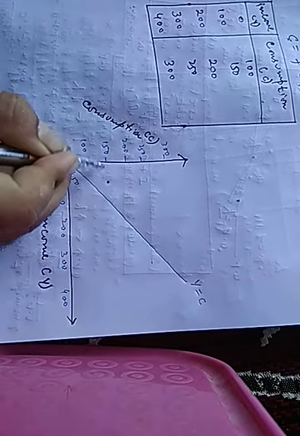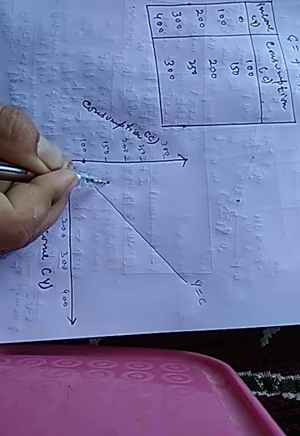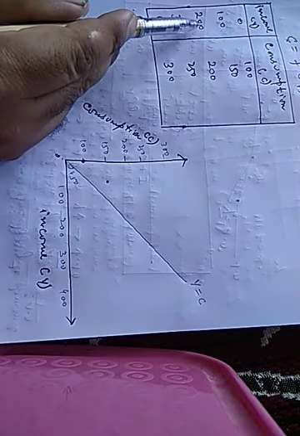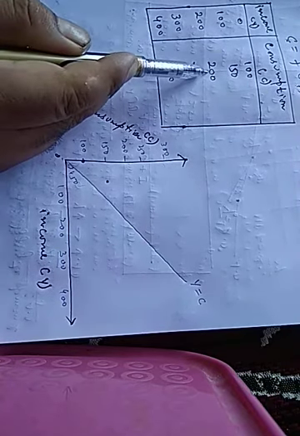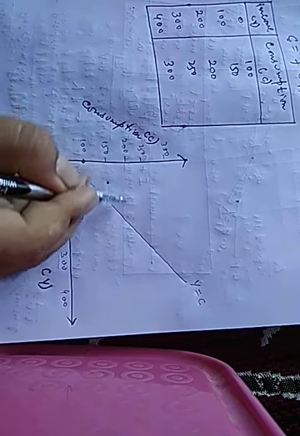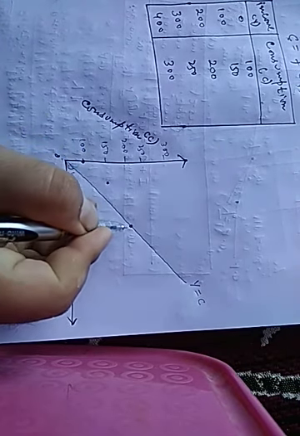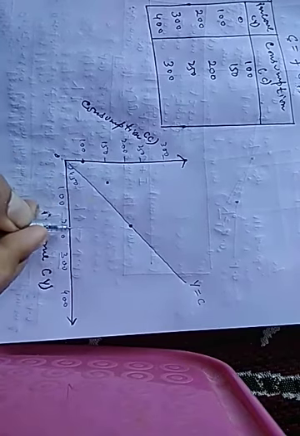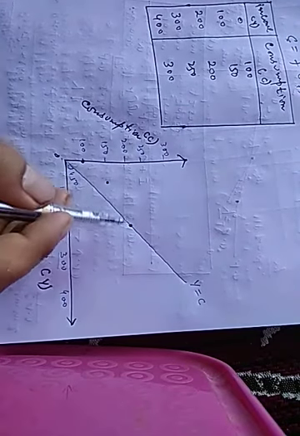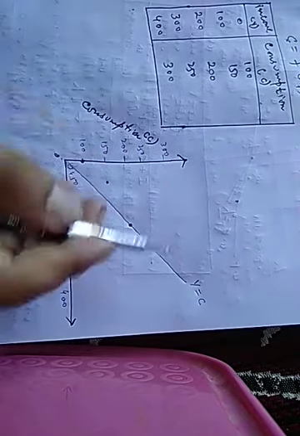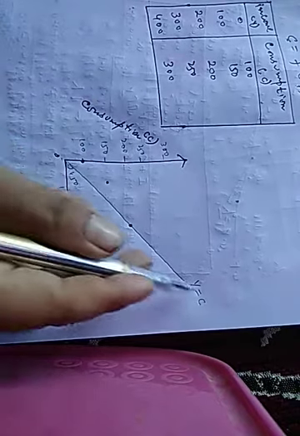As the income increases to 200, consumption also increases to 200. This point shows consumption equal to 200 when income is also equal to 200. This point lies on this 45-degree line, showing consumption equal to income.